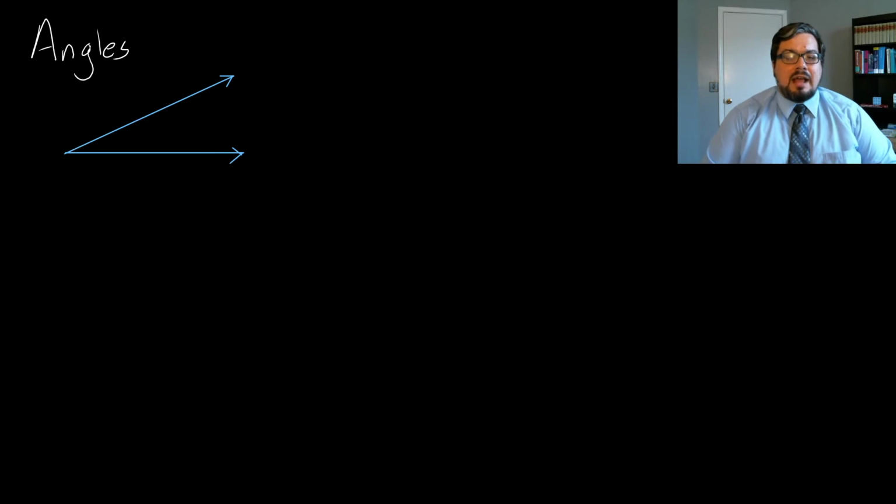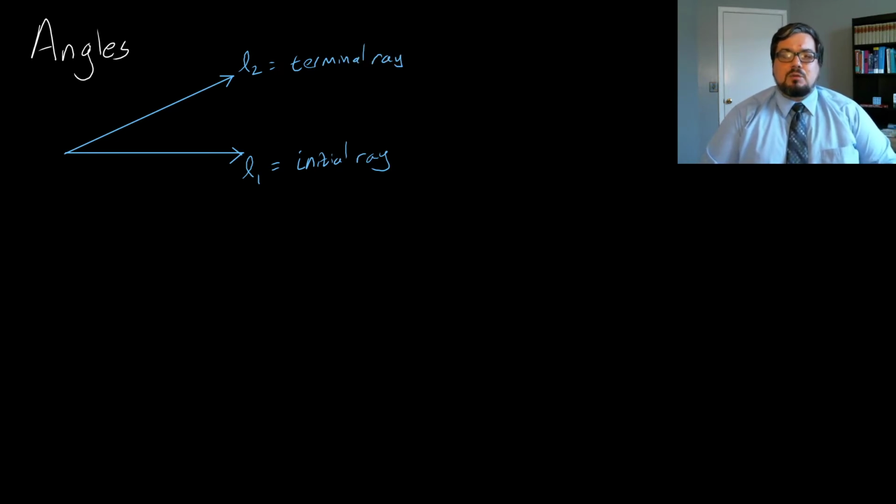So for every one of our angles, we're going to identify two of them as an initial and a terminal, meaning that we're going to start with one of them and end with the other one. So one of the angles is going to be called our initial ray, and the other will be called the terminal ray.